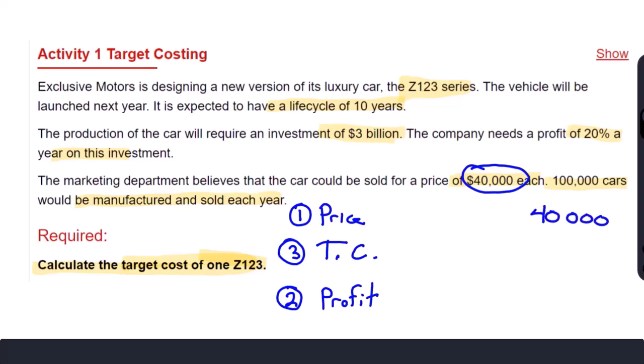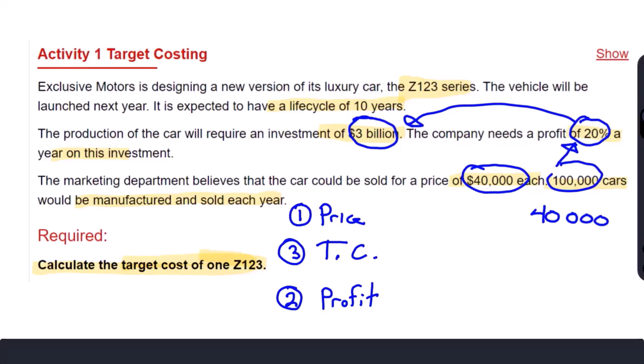Step 2, we need to get the profit per unit. So they're going to invest $3 billion, and every year we'll need to make 20% on the $3 billion, and we're going to produce 100,000 cars per year. So then we divide that annual profit by the number of cars.